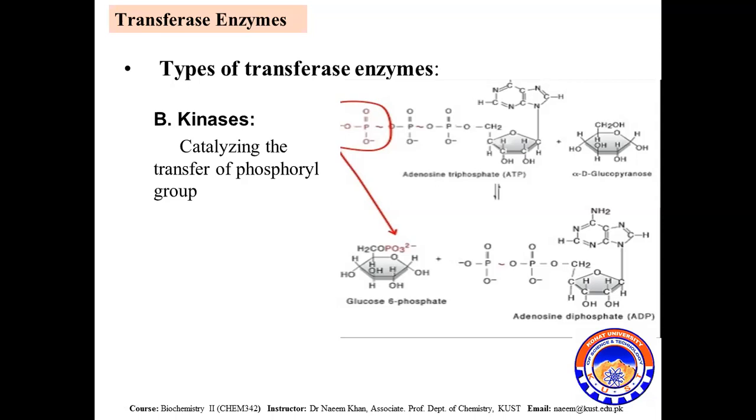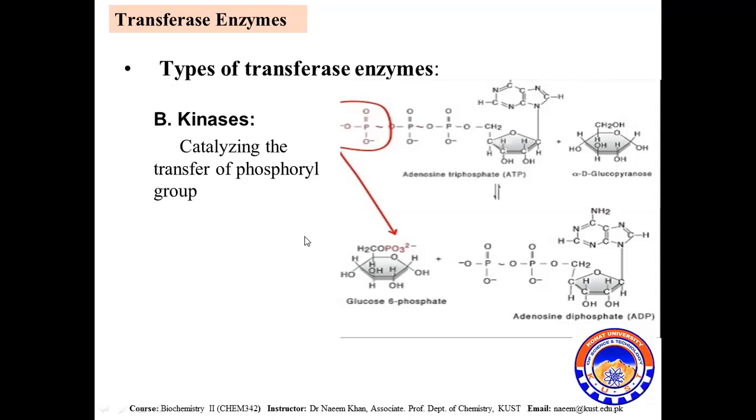Remember, in this reaction the enzyme involved is hexokinase, the general name, or if the substrate is specifically glucose, glucokinase is the more specific enzyme catalyzing this reaction. Whether it is hexokinase or glucokinase, the important thing is that a transferase enzyme catalyzes the transfer of phosphate from one substrate to another, and this subtype is kinase.